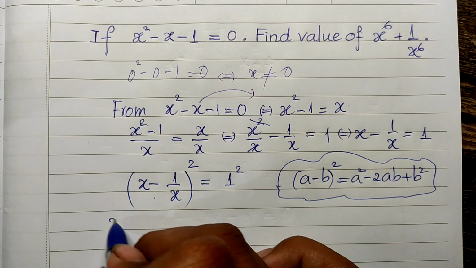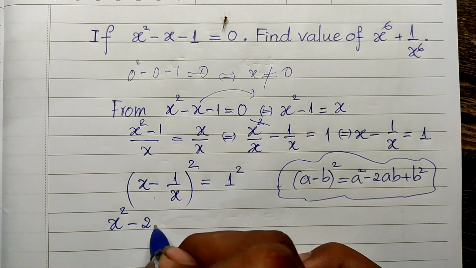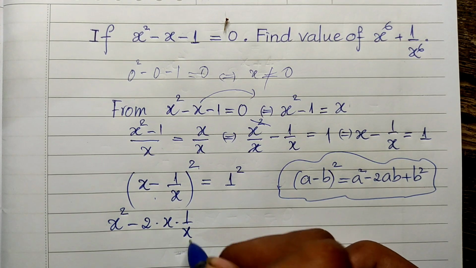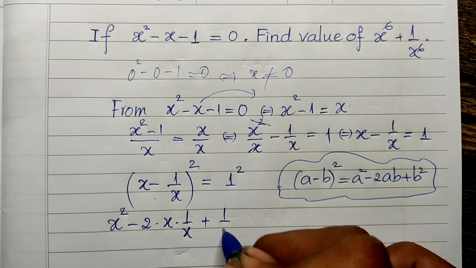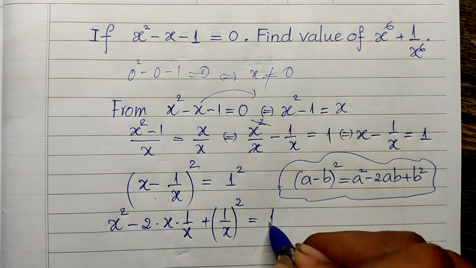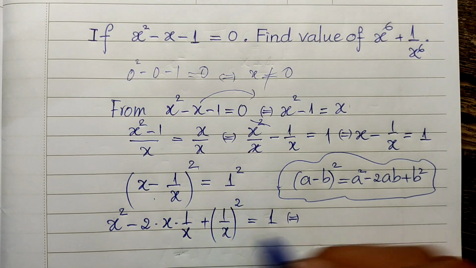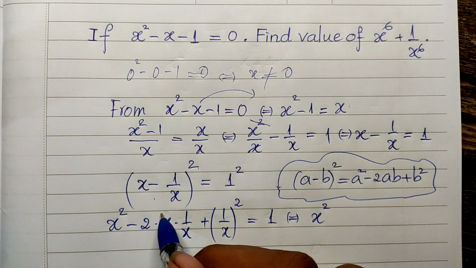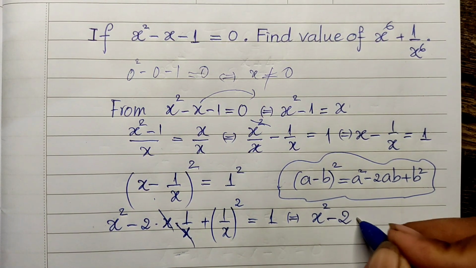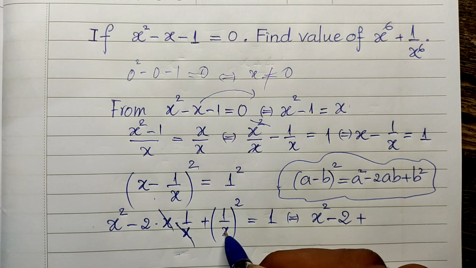So we get x squared minus 2 times x times 1 divided by x plus 1 divided by x all squared equals 1. Now we get x squared, and the x we simplify, so we get minus 2 plus 1 squared over x squared.